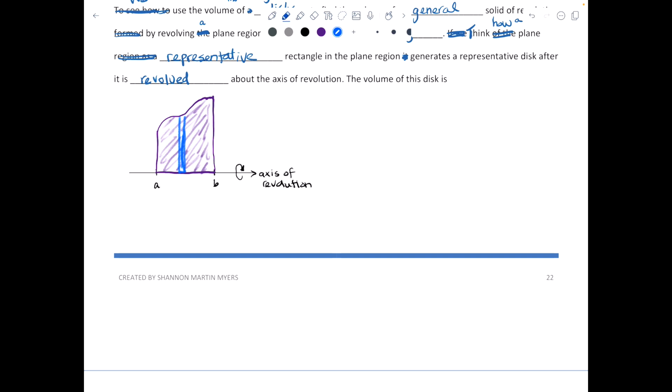That's what you got to remember. And think of this as sort of zoomed in, because we're going to have infinitely many of these, right? So you've got your plane region, and you've got your representative rectangle, which is now not the entire area, it's within our plane region.